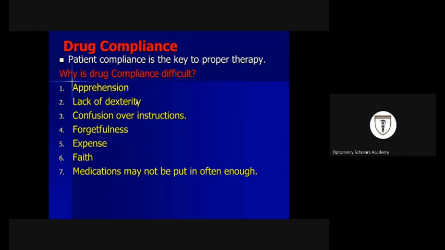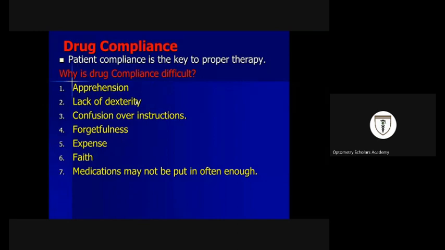So the next is medications. Medication may not be put in often enough. There are some patients, how do I explain this now? When you are trying to treat a severe bacterial conjunctivitis, you tell this patient, please apply this drug every 2 hours or every 1 hour for the first day.